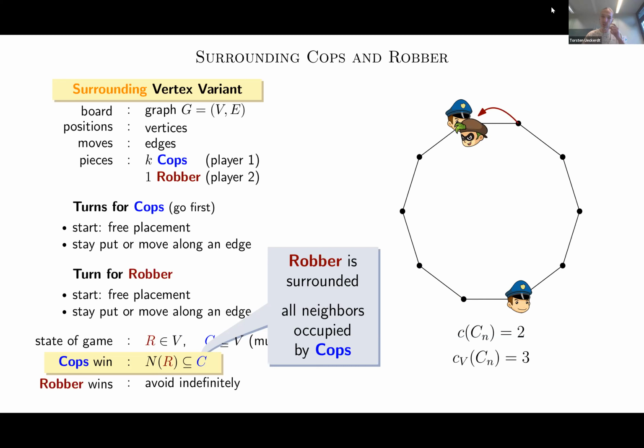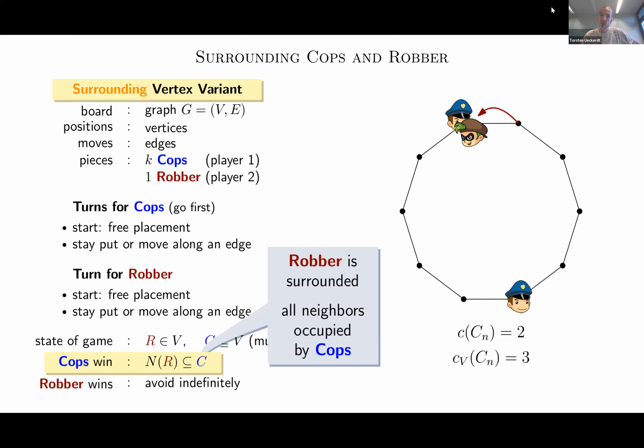Actually, the strategy for the robber against two cops would be to ignore one cop and stay opposite of the other cop always. If the other cop goes clockwise, also go clockwise, and if it goes counterclockwise, also go counterclockwise.